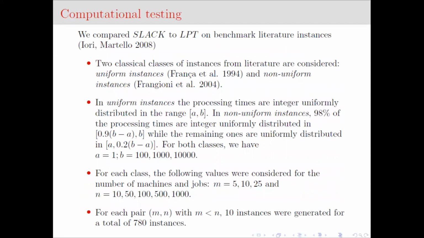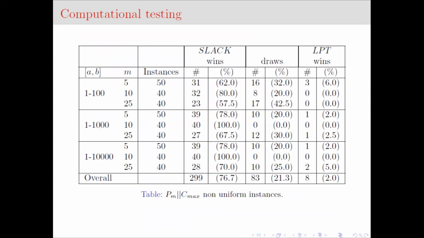So we tested LPT compared to Slack on instances from the literature, uniform instances and non-uniform instances. I guess it's time for me to speed up, right? Roughly we have, say, 780 instances. The results indicate that indeed Slack wins over LPT. So complexity is roughly the same, and the number of wins and the number of ties, etc., is about here.